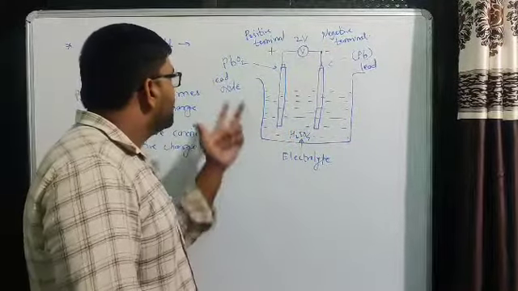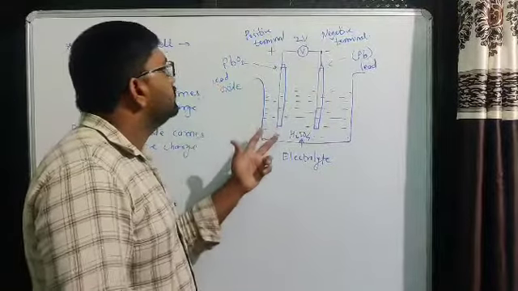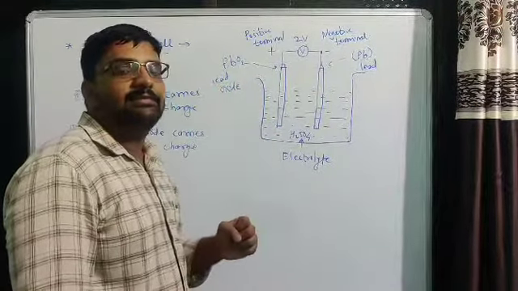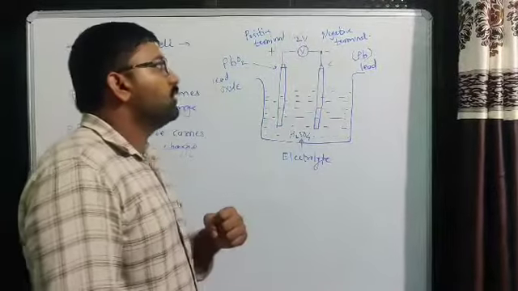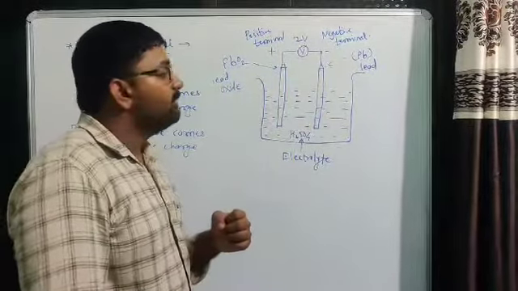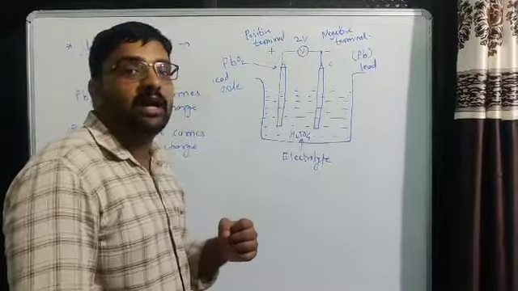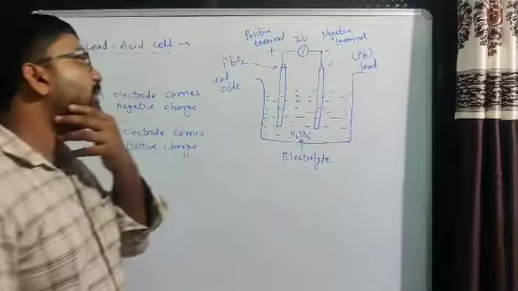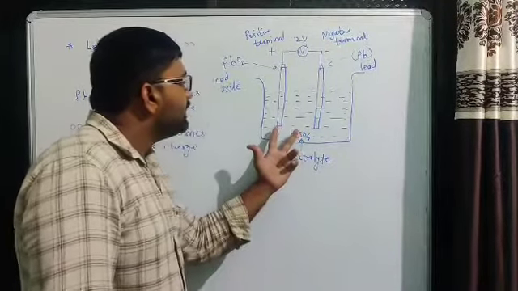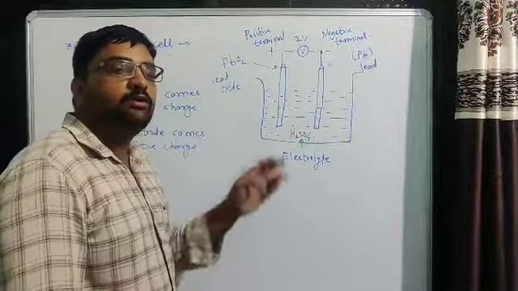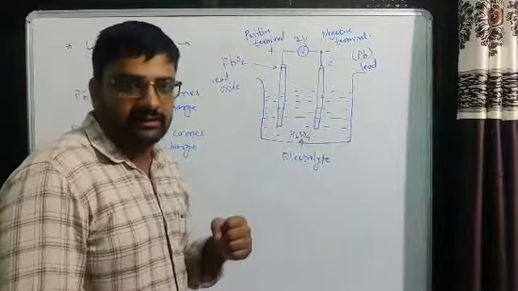The lead oxide is the positive terminal, meaning it carries positive charges, and the lead electrode, the negative terminal, carries negative charges. When the chemical reaction takes place, the electrolyte gets split into positive and negative charges.